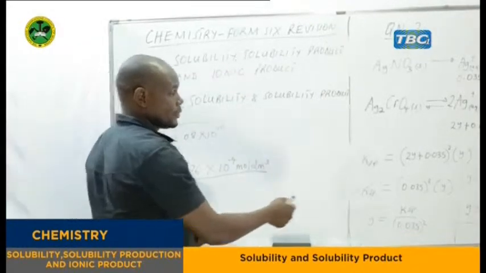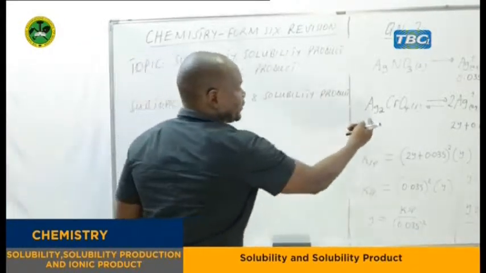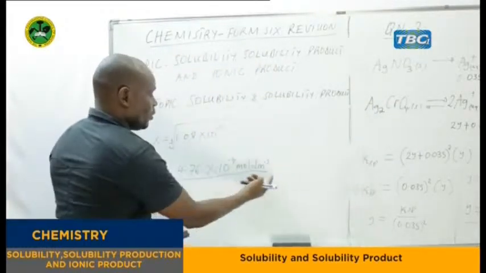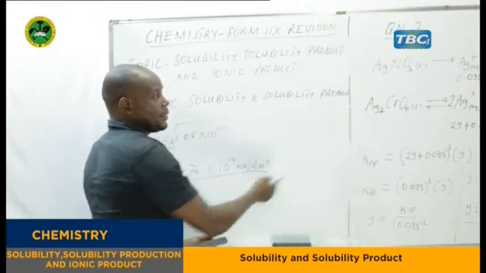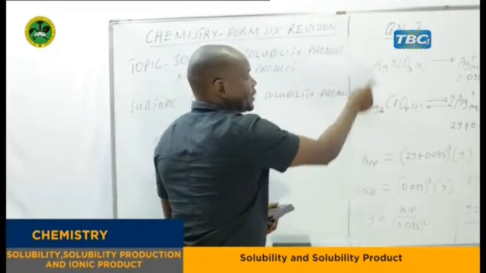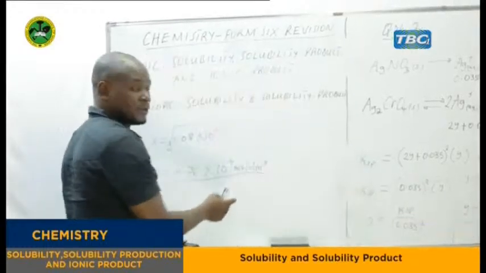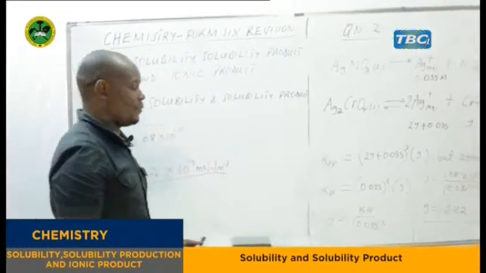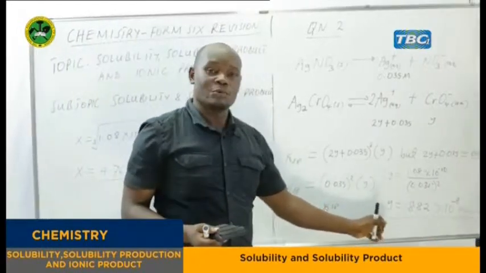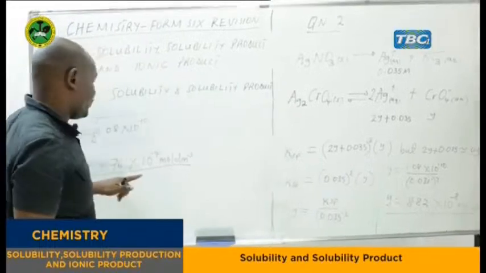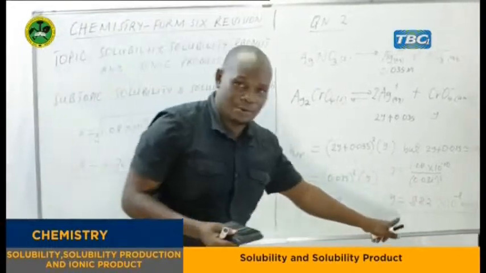If we compare the solubility of silver chromate in water and in silver nitrate, which means in the common ion effect, this one is lower than that one. So the common ion effect has decreased the solubility of silver chromate from this one to this one.